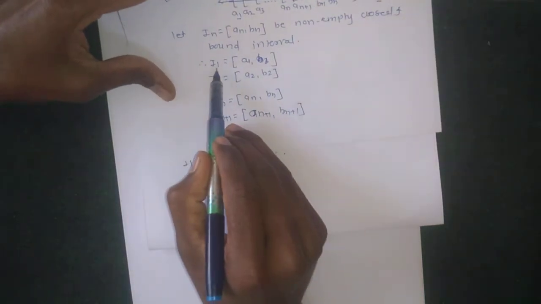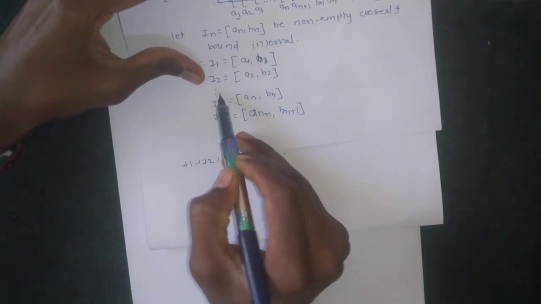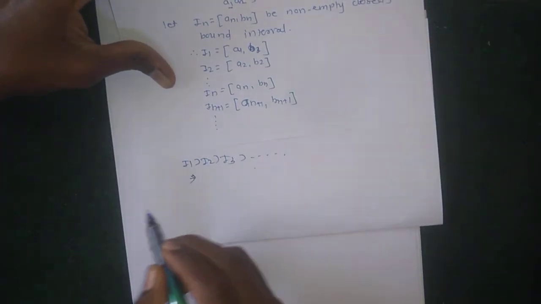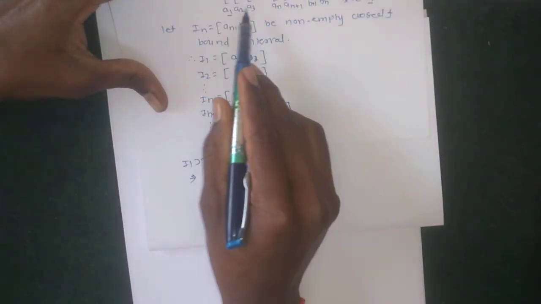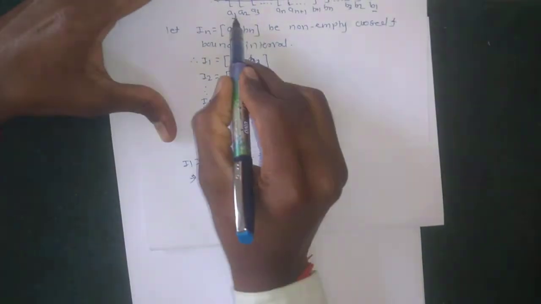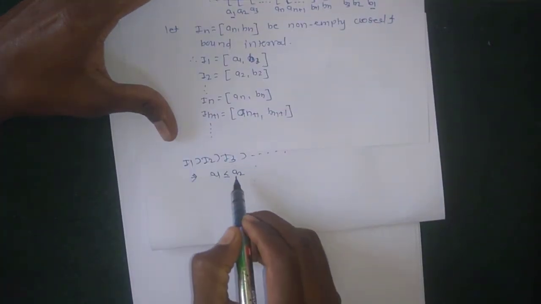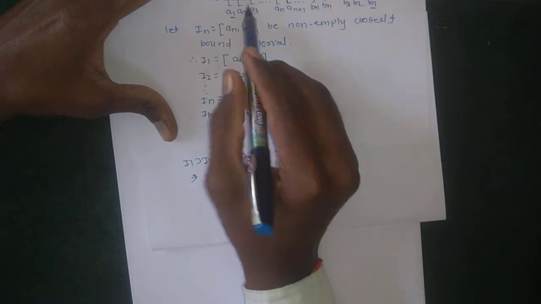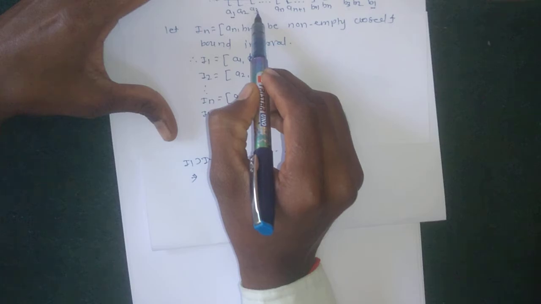Clearly we see that I1 contains I2 contains I3 in this way, which implies that a1 must be less than or equal to a2, which must be less than or equal to a3.